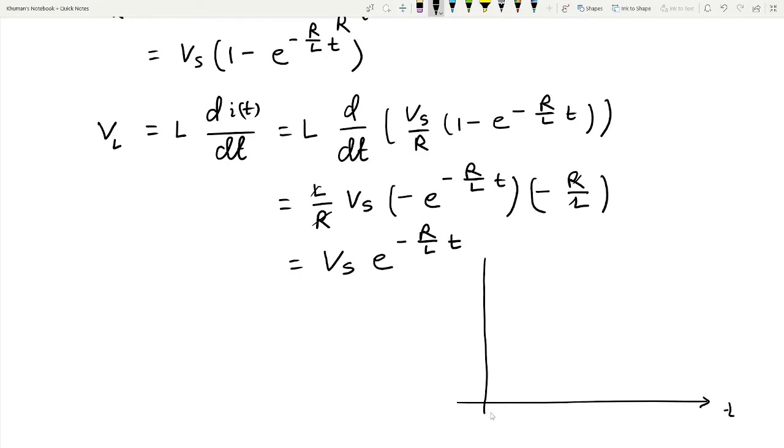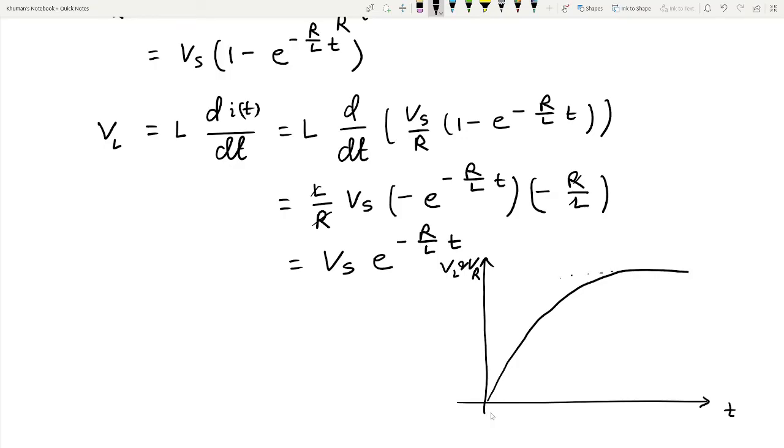Okay, so when we draw these two plots, it will look like this. This is t, this is VL and VR. So these two will look like this.